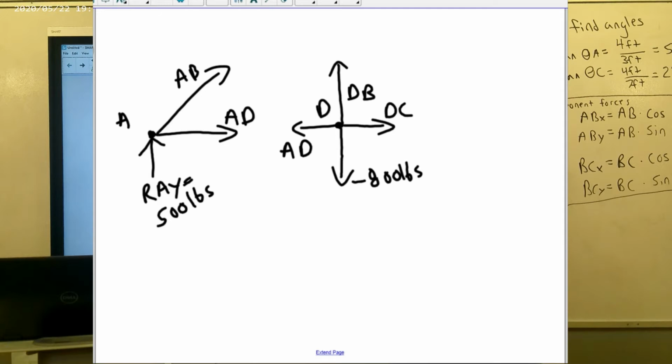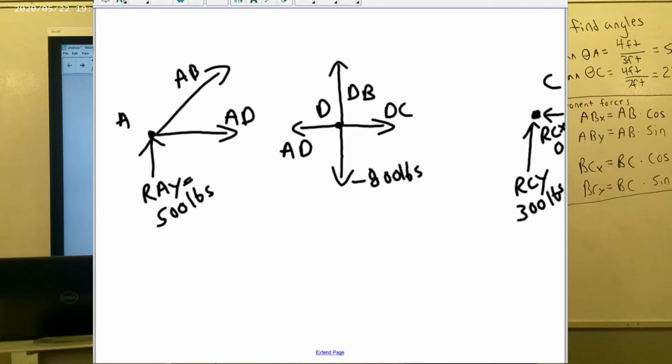I'm also going to draw a free body diagram over here for point C. And what forces do I have acting on point C? Well, I have reaction force CX, which I happen to know equals 0. I have reaction force CY, which I happen to know is positive 300 pounds.